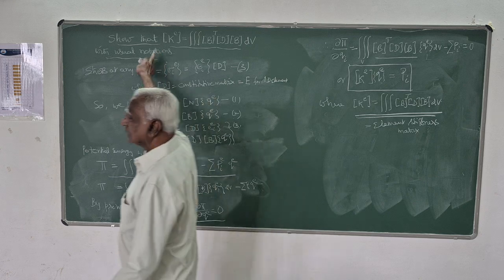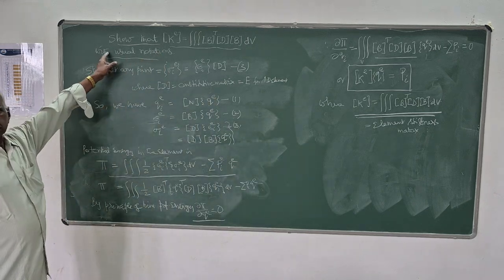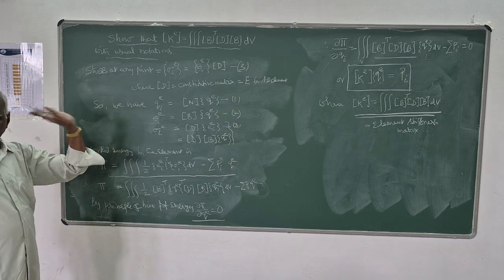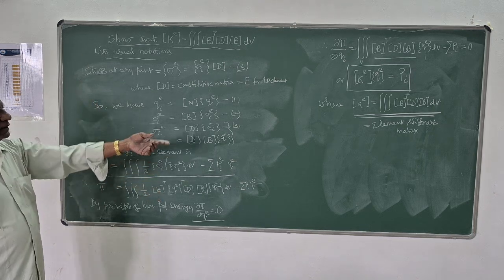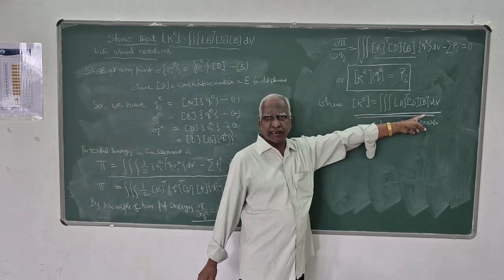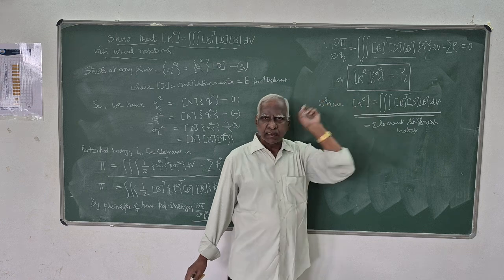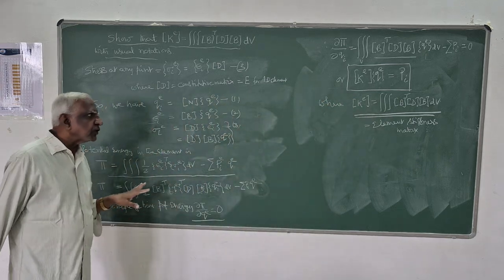So this is the derivation of the stiffness matrix of a one-dimensional element, or any element for that matter, given by this expression BT D B dV, where B is the strain displacement matrix, D is the constitutive matrix.